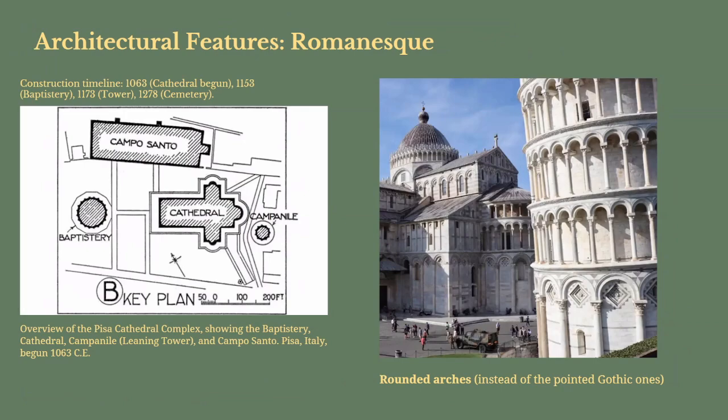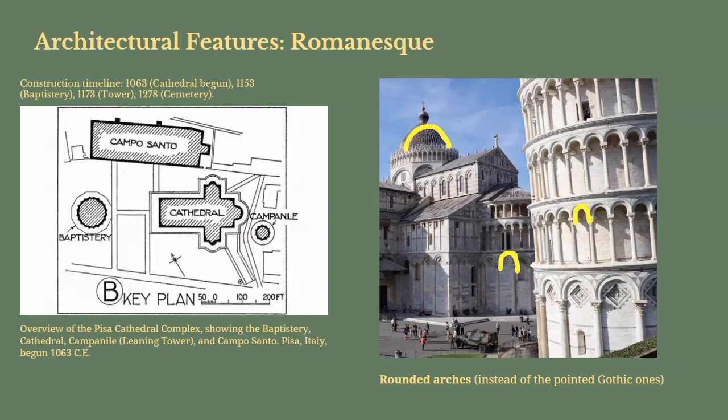The term Romanesque literally means in the style of Rome, because these buildings revived the use of round arches, as you can see, round arches, and vaulting and massive stone structures, reminiscent of ancient Roman engineering.